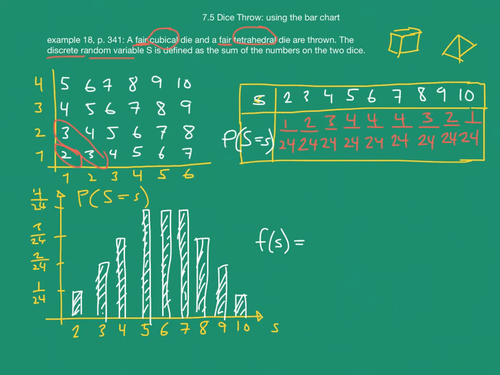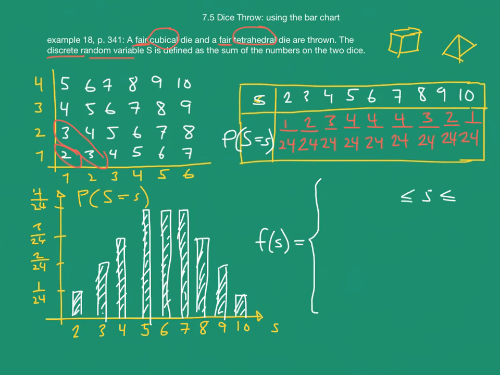And this is going to be a piecewise function. And a piecewise function, you might remember, is a function that looks different depending on the domain. So this is a function that changes characteristics depending on the variable that we're talking about.